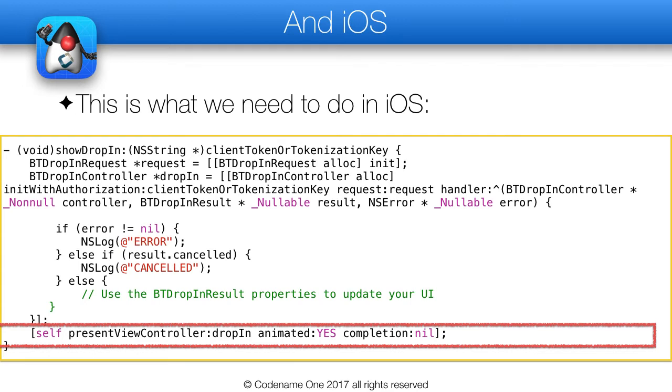In this particular case, self is assumed to be a view controller. So now that we reviewed everything in the method, it's pretty clear that the big thing that's needed from the Java side of the API is the token and not much else.